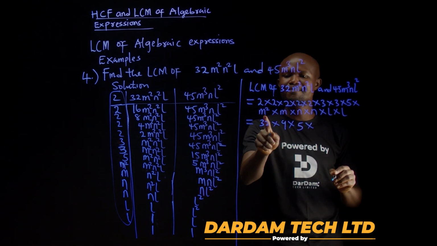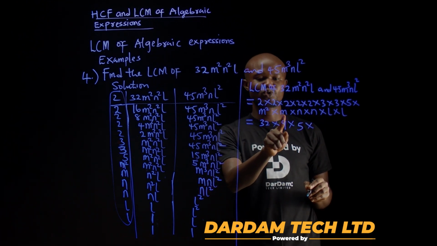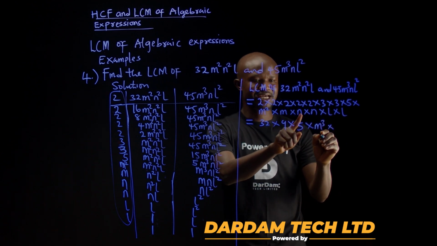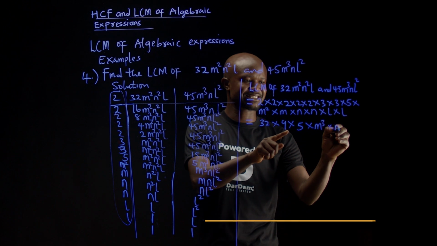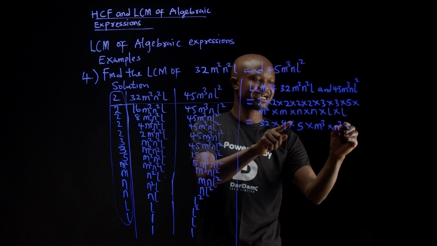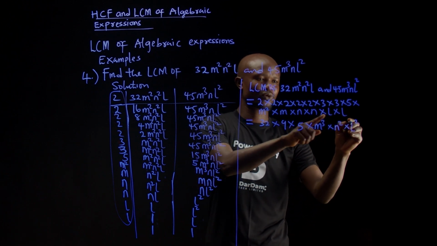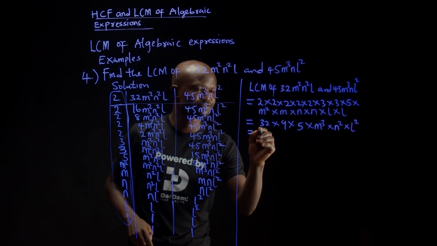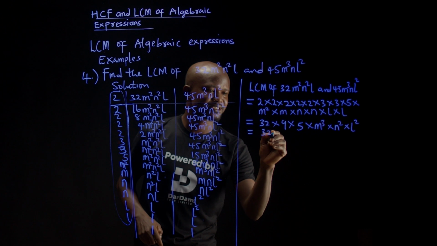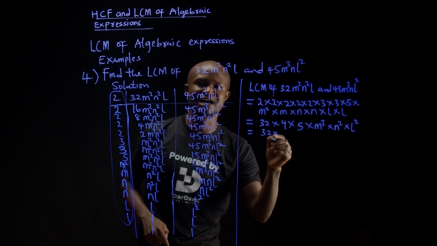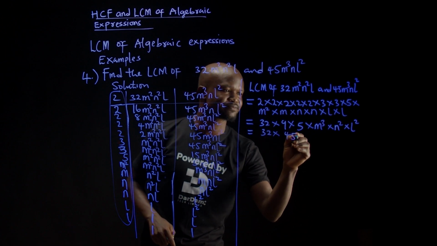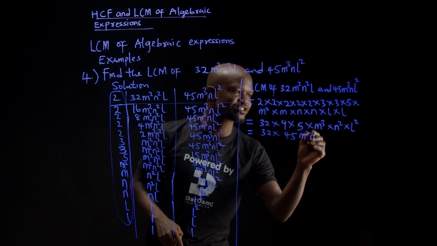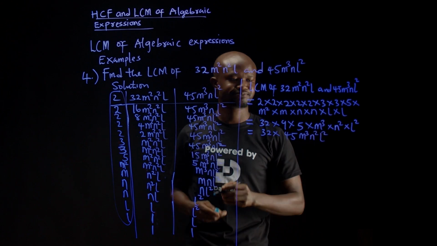Then m² times m is m³, n times n is n², and L times L is L². Take note of that. So 32 times 9 times 5 is 45. We can now have 45m³n²L².